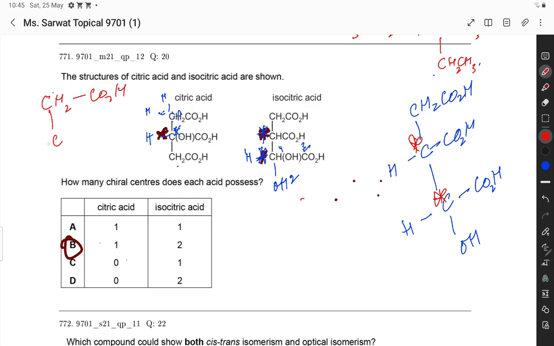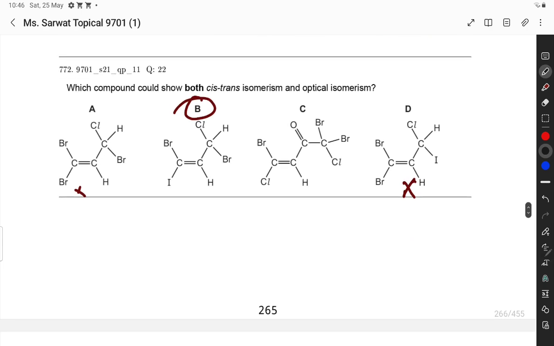This is not chiral, this is chiral, because it is surrounded by CH2, CO2H, OH and CO2H. So 1, 2, 3 and 4. So this has only one chiral carbon and this has two chiral carbons. Citric acid has one chiral carbon and isocitric acid has two chiral carbons. So B option is the correct option.